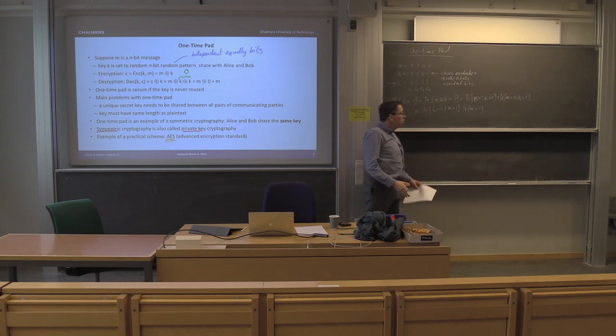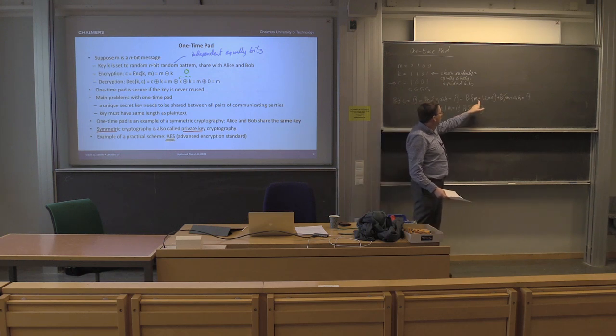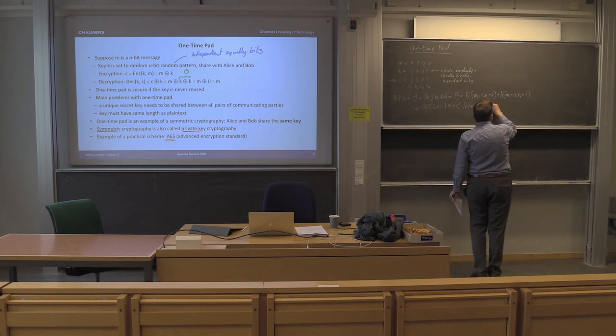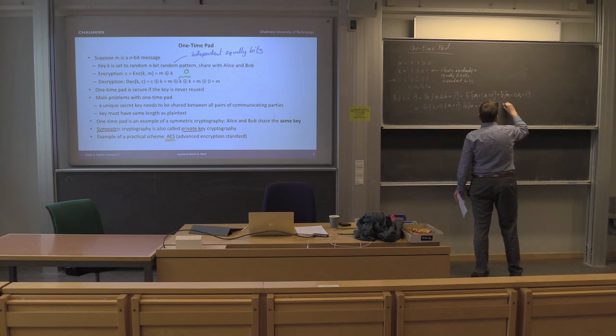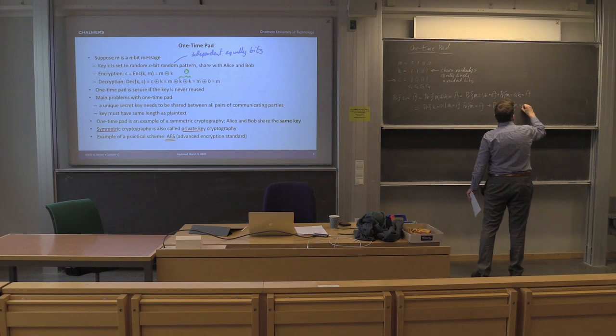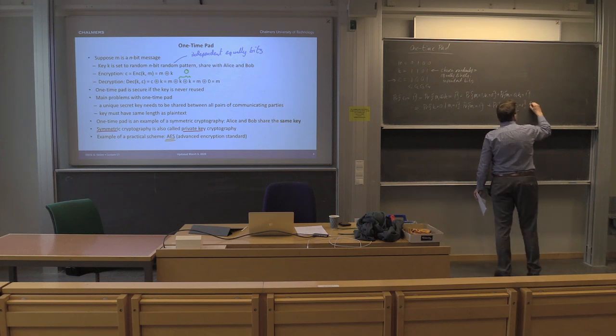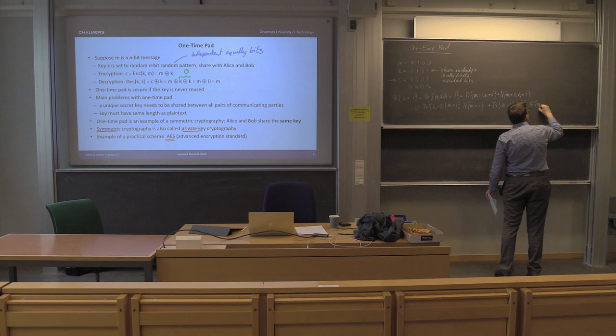This is the joint probability of K1 equal to 0 and M1 equal to 1. And we can write the second probability in the same fashion. It's the probability that K1 is equal to 1 given that M1 is equal to 0, times the probability that M1 is equal to 0.